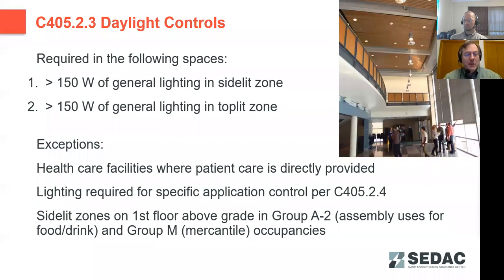Again, the exceptions come back as far as healthcare facilities where patient care is directly provided. They do have some specific applications called out a little bit later, and then also group A2 food and drink or group M occupancies are exempt from this.